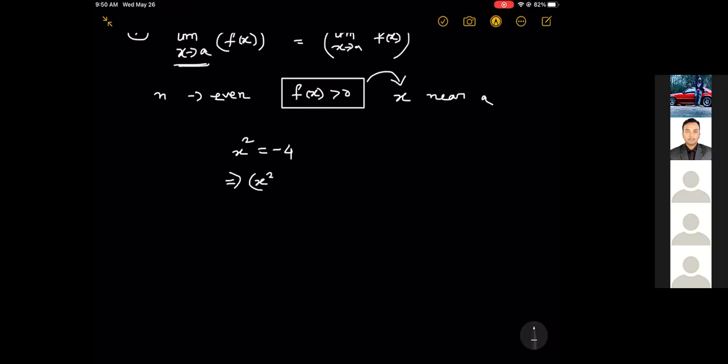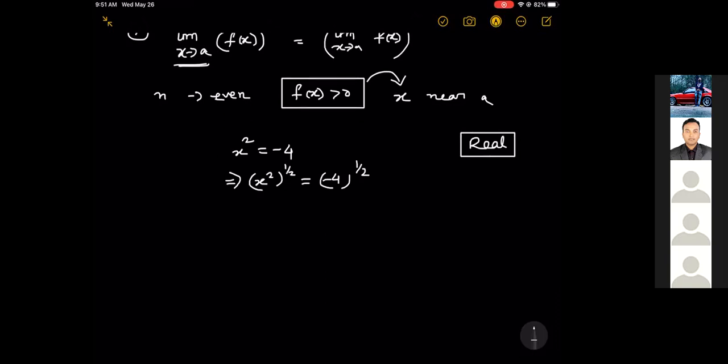So if we take the root on each side, what happens? Can you get anything defined? Obviously, we are talking about real numbers. We're not really considering anything imaginary. Can we get any defined value for it?